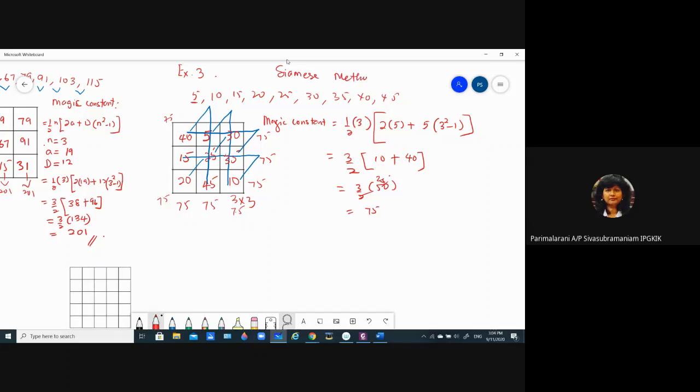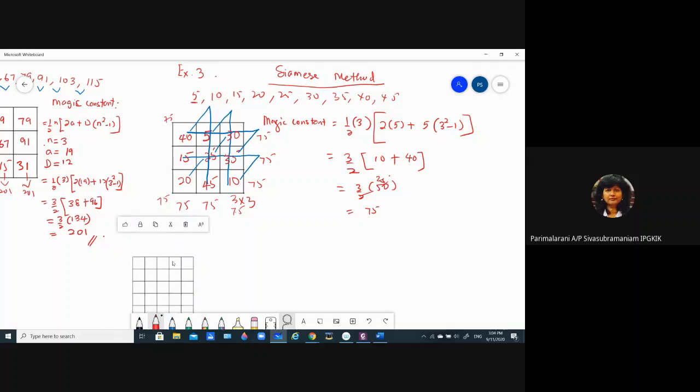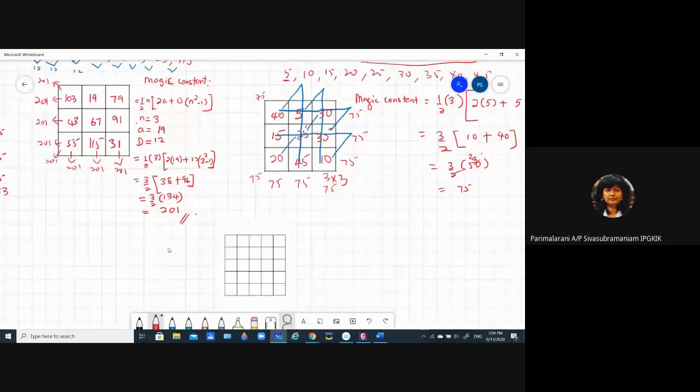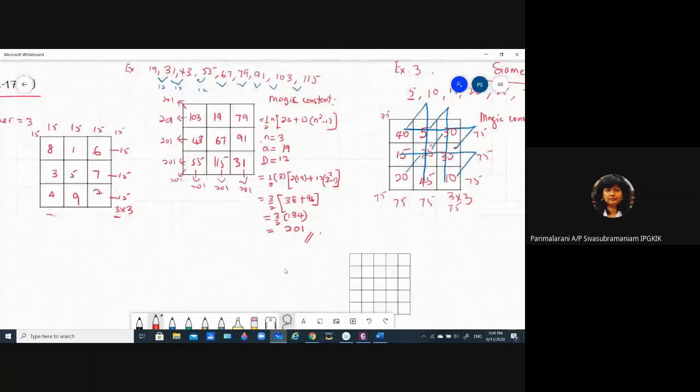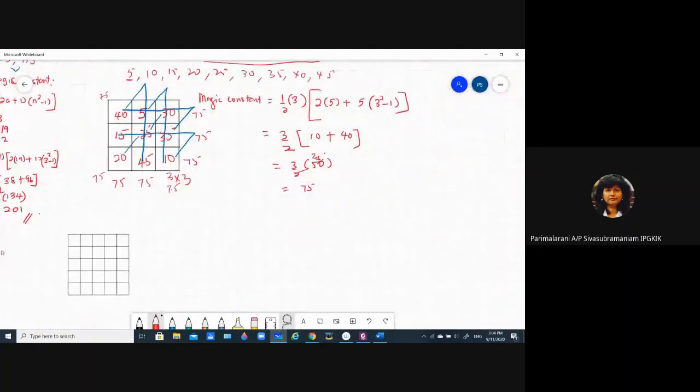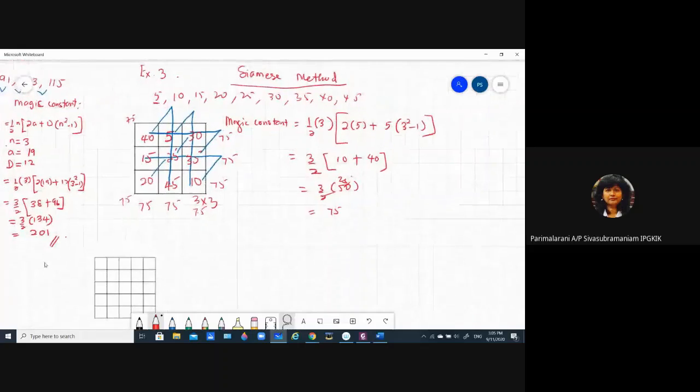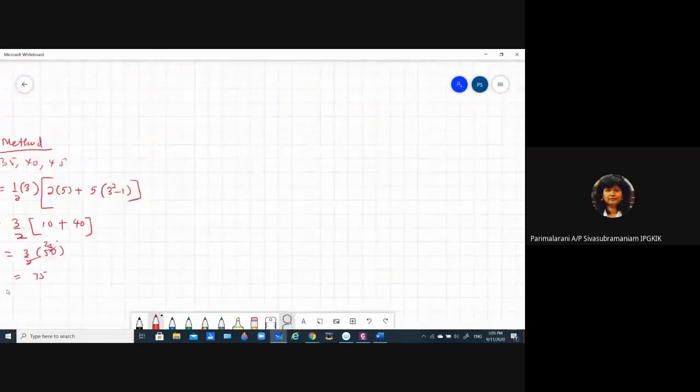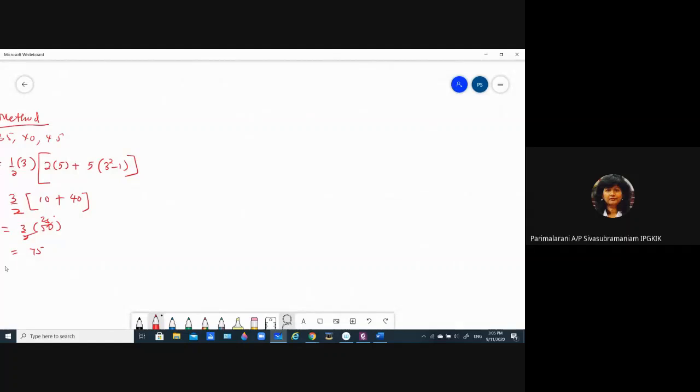Can you understand the method? Everybody can? Okay, let's try and do one more example here.